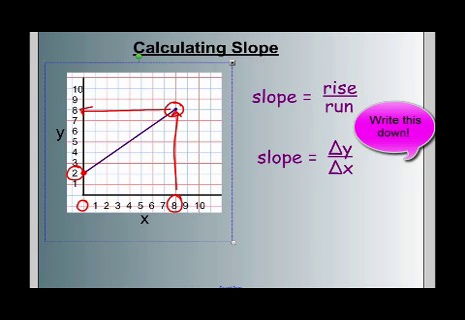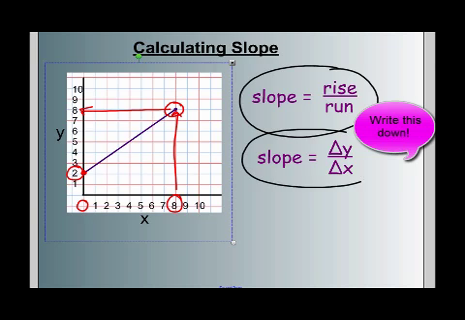And slope is a way of measuring how steep a graph is. So we can use two different formulas. First one, slope is rise over run. So how much did the graph change vertically versus how much did it change horizontally? Another way I can write that is like this. Slope is a change in y over change in x.